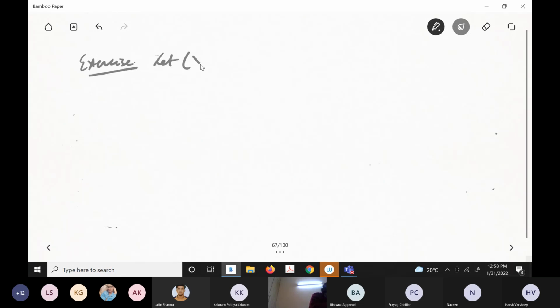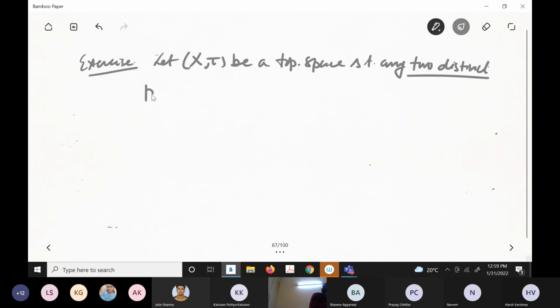Let (X, tau) be a topological space such that any two distinct points of X can be separated by a continuous function.